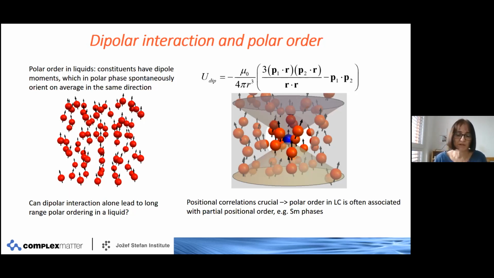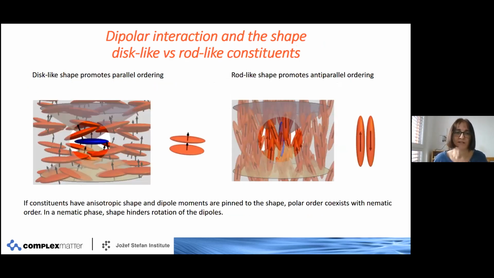The positional correlations are strongly affected also by the shape. So if the constituents are disc-like shape, then the neighbors, which favor parallel orientation, will come closer, as you can see here, and it's more likely to have a polar phase in materials made of disc-like molecules.